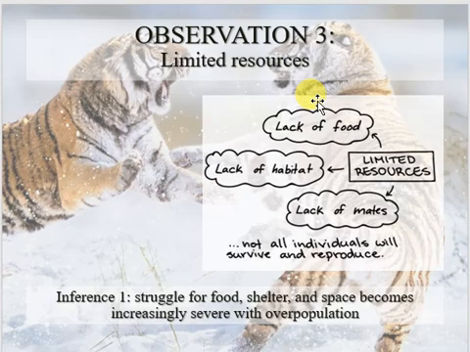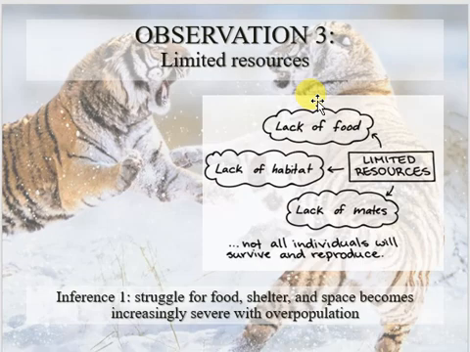Because of that, not all individuals will be able to survive, right? Some are not going to be able to find food, or there won't be enough space, or there won't be enough mates, so they won't reproduce. That's all this third observation. Again, there's this finite availability, a limitation of natural and environmental resources.